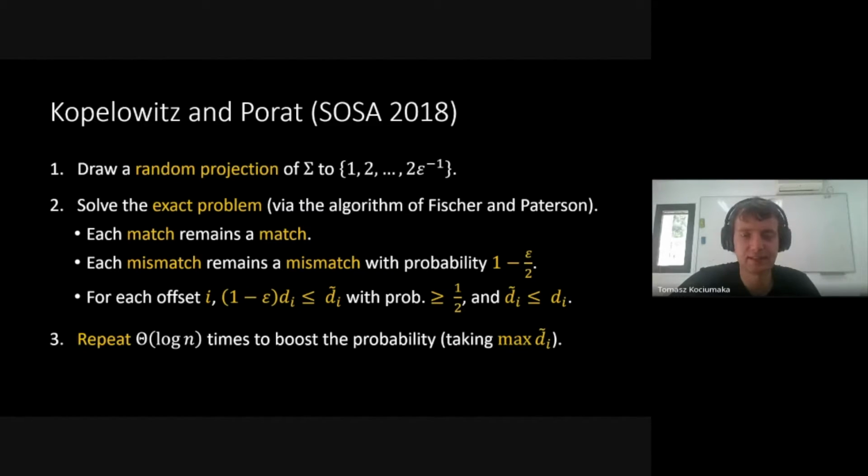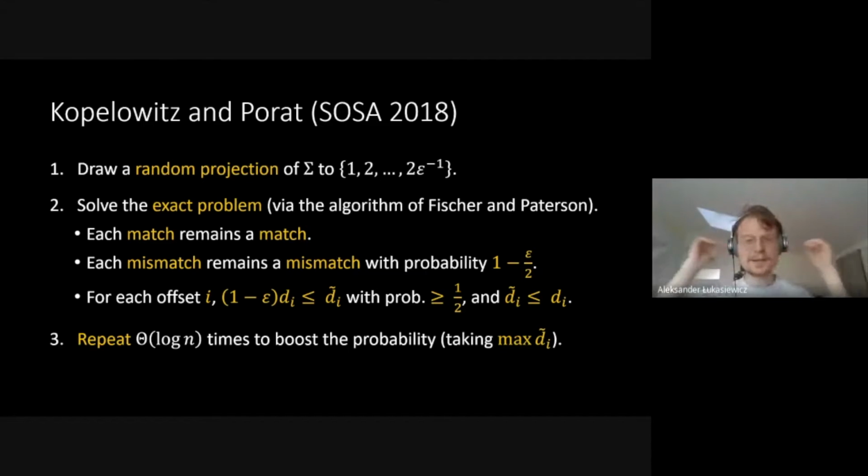And this gives us... I'm a little bit confused here. Yes? Isn't that the other way around? If you discover a mismatch after a projection, it surely gives you a mismatch in the original alphabet, right? Yes.